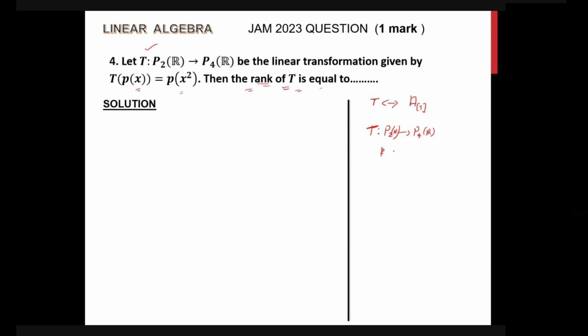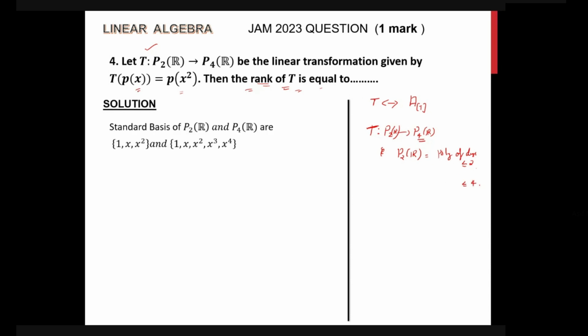The standard basis of P2(R), which is polynomials of degree less than or equal to 2, is 1, x, x square. And for P4, polynomials of degree less than or equal to 4, the standard basis is 1, x, x square, x cube, x raised to 4. So these are the two bases.